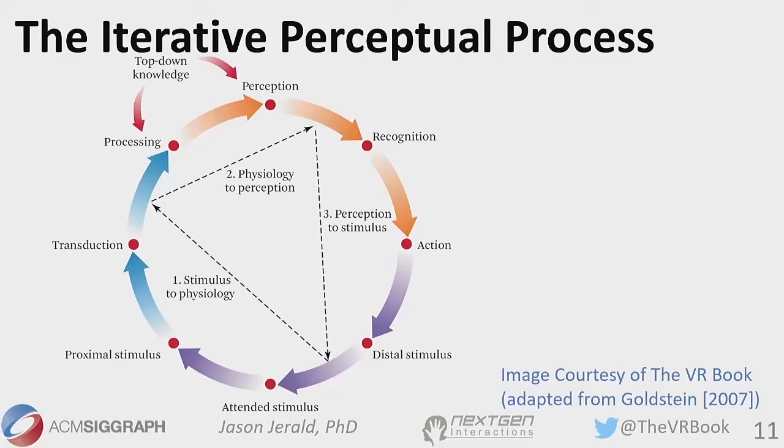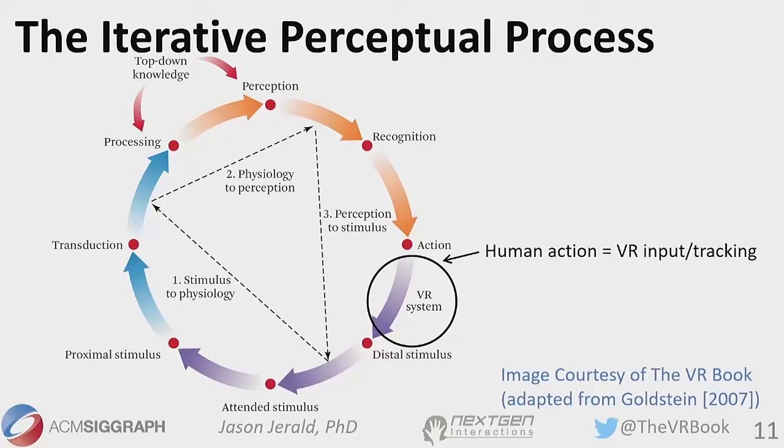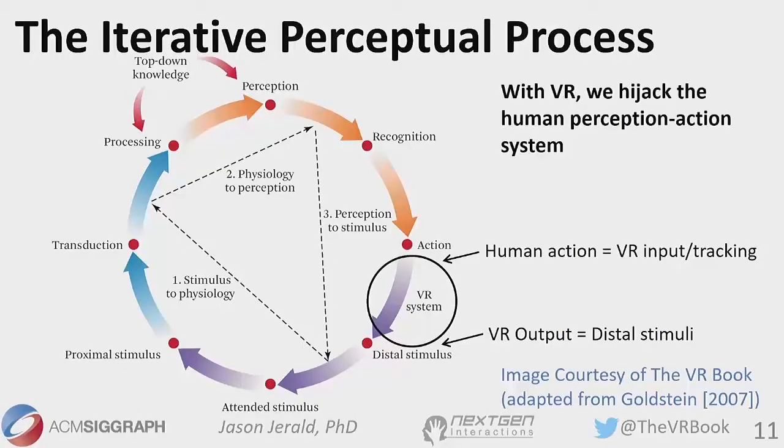Now, where it gets really interesting, of course, is when we put a virtual reality system between that action and that distal stimuli, and the human output becomes the VR input, and the VR output behaves as that distal stimuli. And thus we're hijacking that human perception action system and replacing the real-world distal stimuli with these artificially created cues that our brains then interpret as a form of reality.